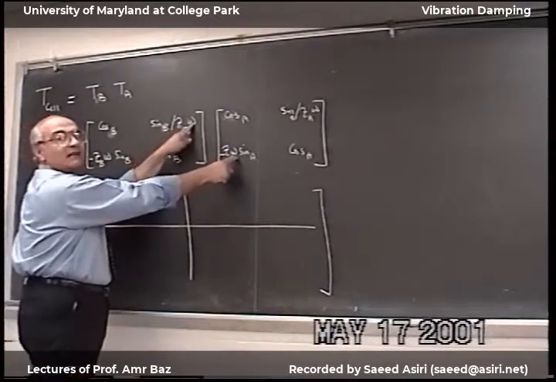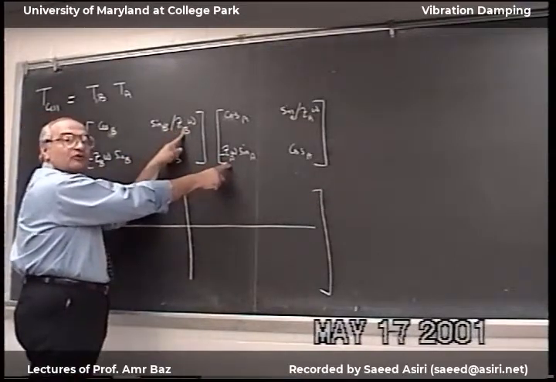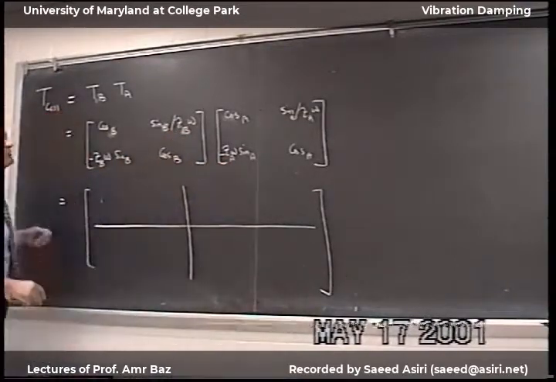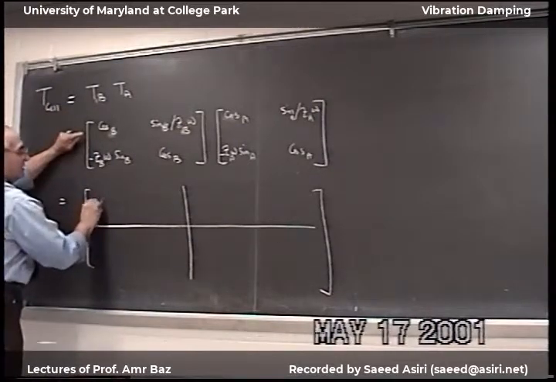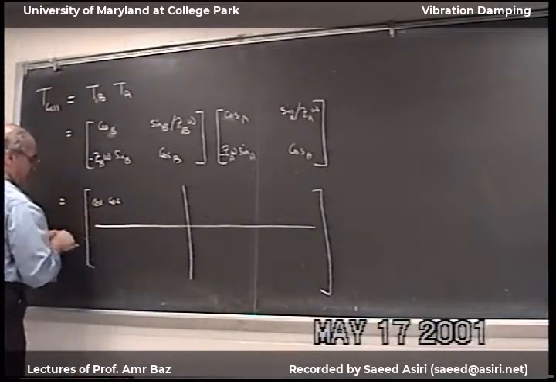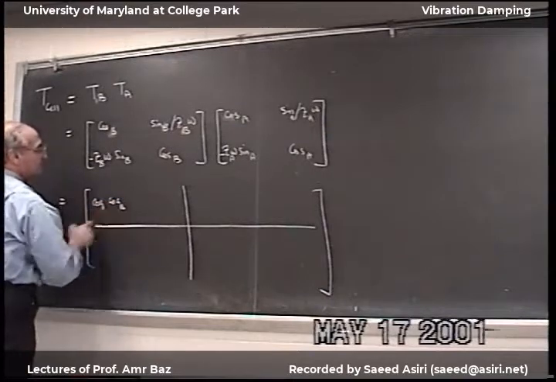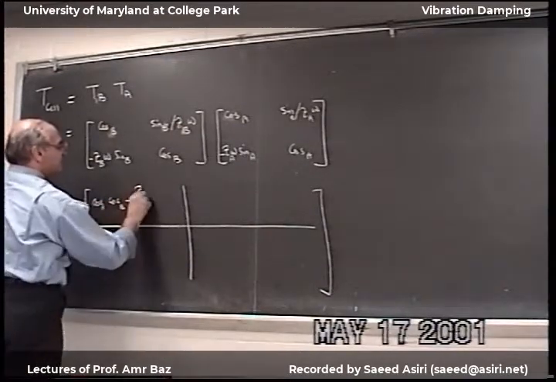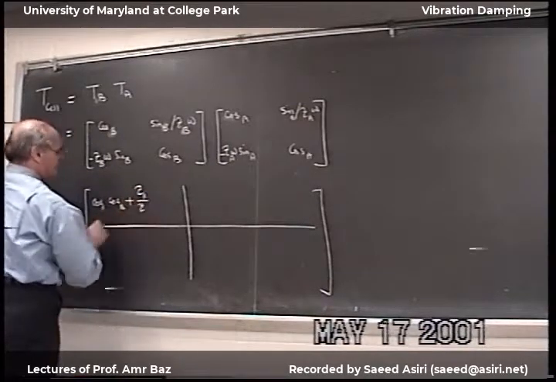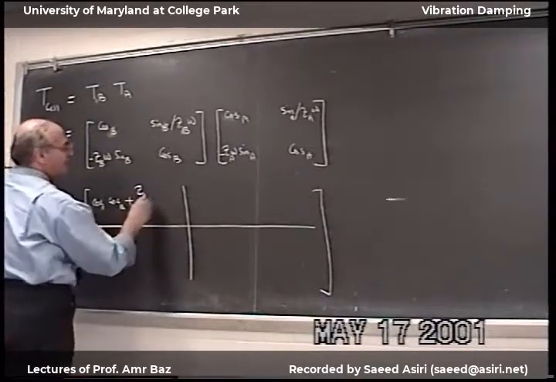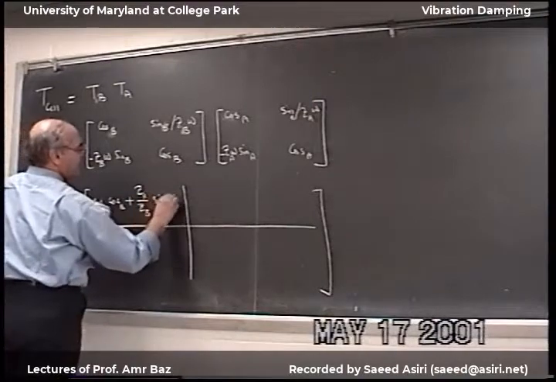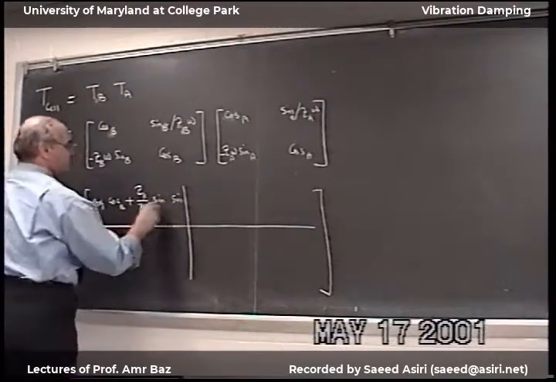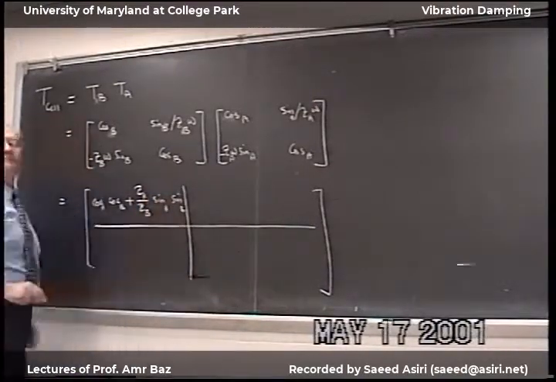The omega will cancel out and we'll have the impedance ratio between A and B. So this will be cosine, cosine, A and B, plus the impedance ratio, ZA over ZB, and then times sine, sine, A and B.